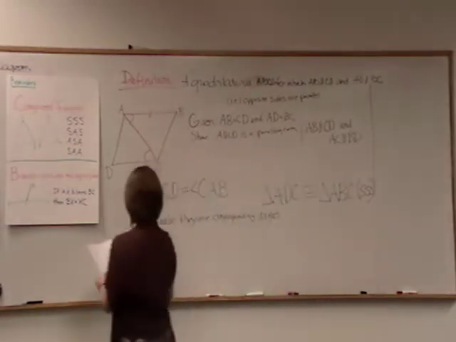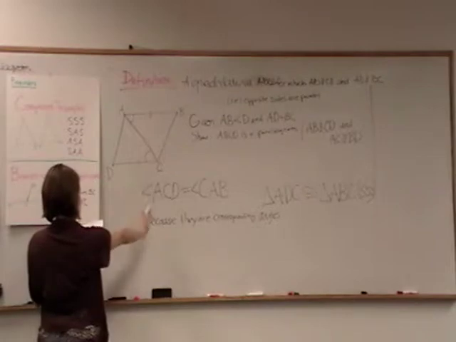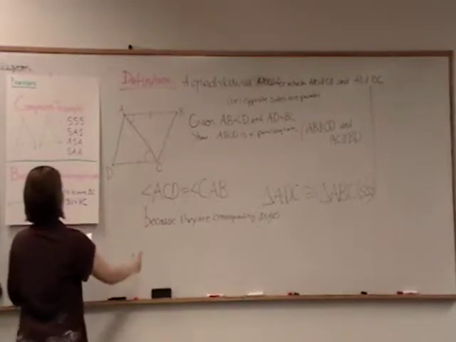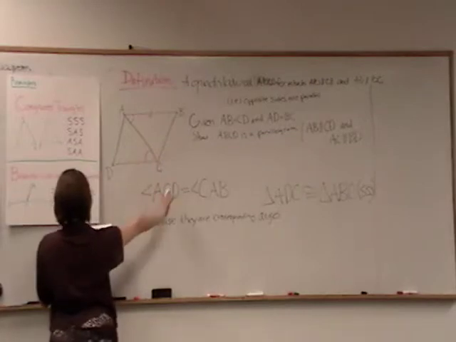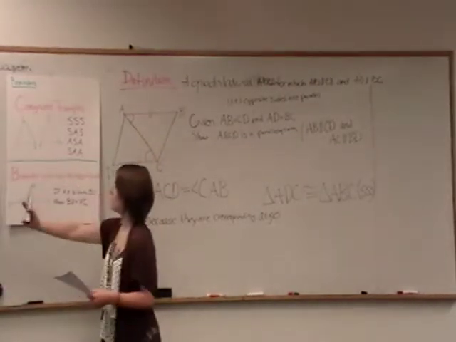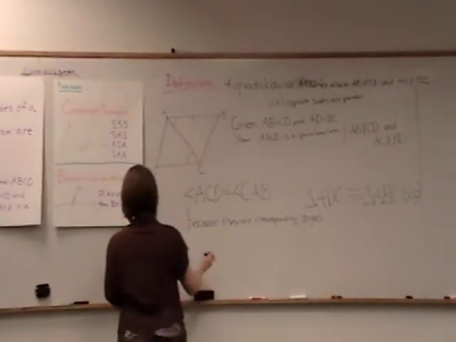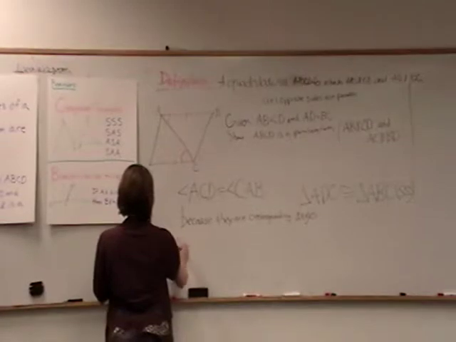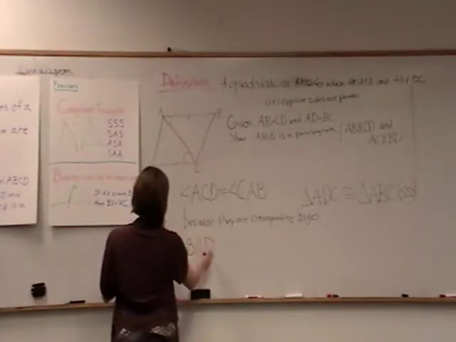Now, since these two angles are equal, we know that line AB is parallel to DC by the parallel postulate that we went over before. And so we have AB is parallel to DC.